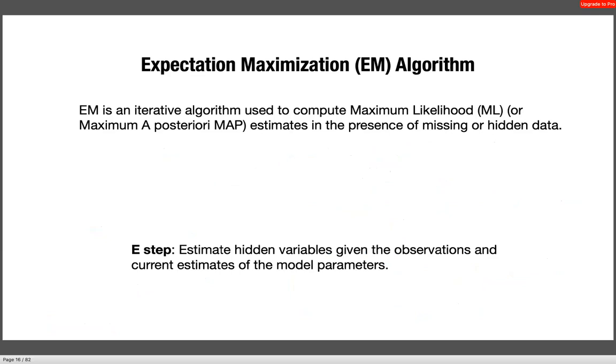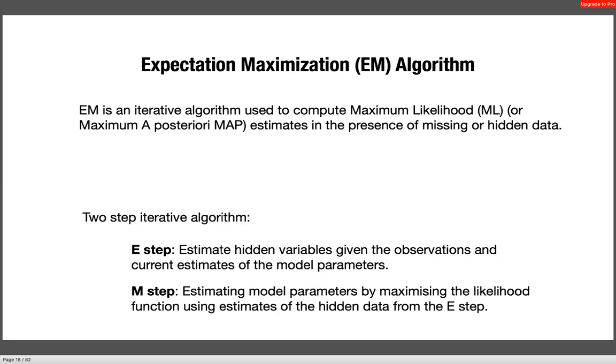In the E step, you estimate the hidden variables given the observations and the current estimates of the model parameters. So you start with some initialization of your model parameters, use that to estimate probability distributions over your hidden variables given the observations. Okay, and now you can use these estimates that you have computed in the E step to maximize a likelihood function, via which you're going to re-estimate the model parameters, so that now this will be used in the E step of the next iteration.